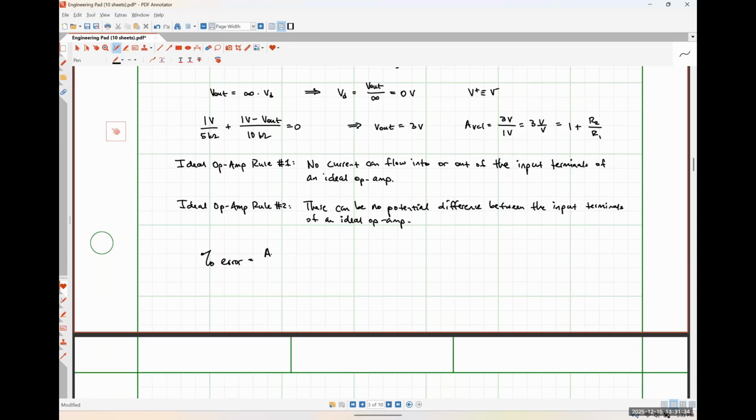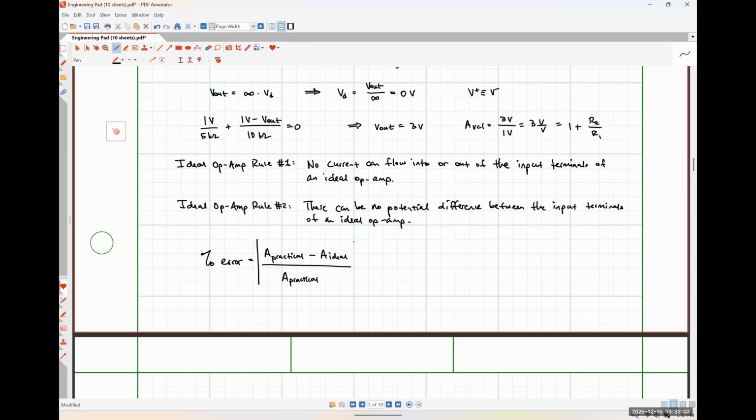We want our practical model op-amp gain minus our ideal model op-amp gain divided by our practical model op-amp gain.